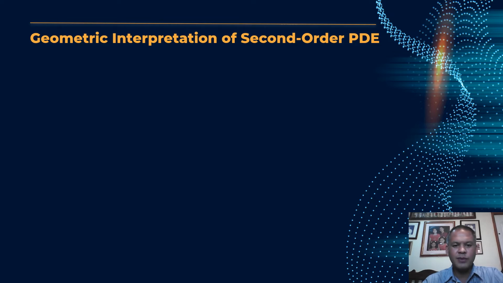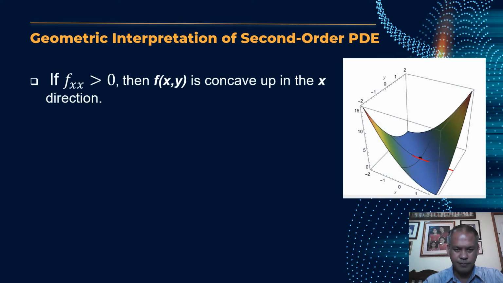Now let us come to the geometric interpretation of second order partial derivatives. If f sub xx is greater than 0, then f of (x, y) is concave up in the x direction.